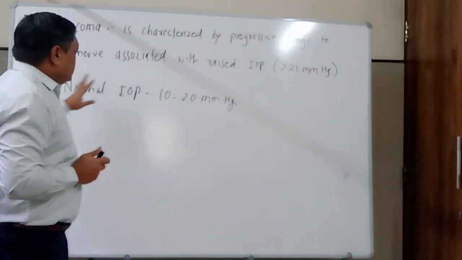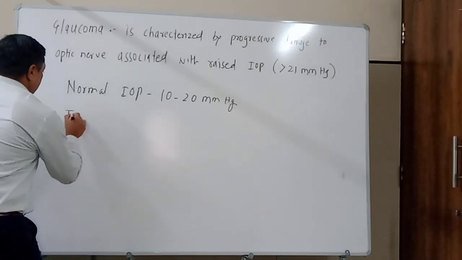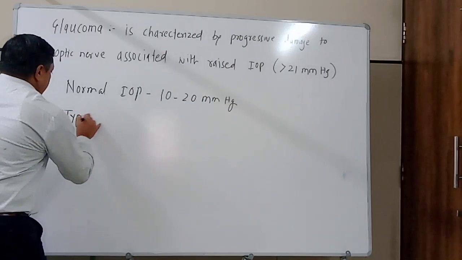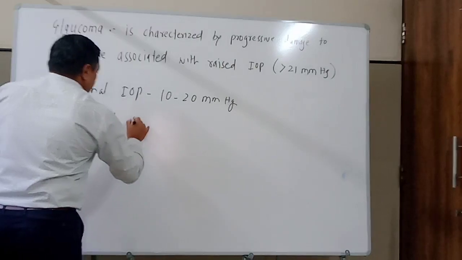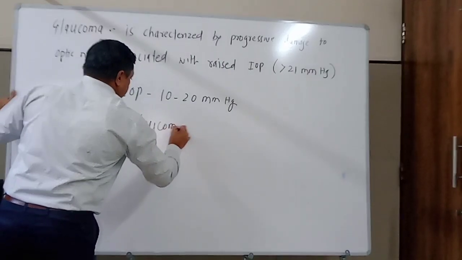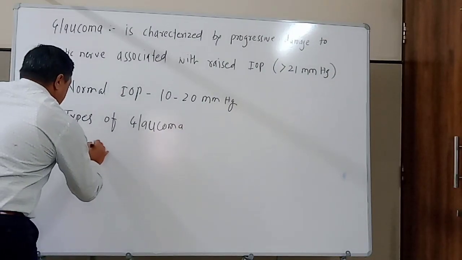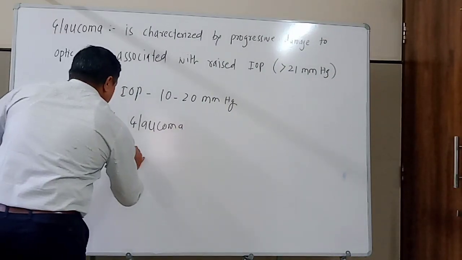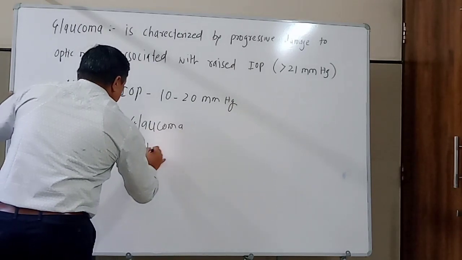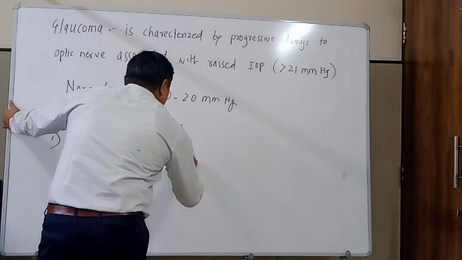Now there are two types of glaucoma. First is chronic simple, also called open angle glaucoma.